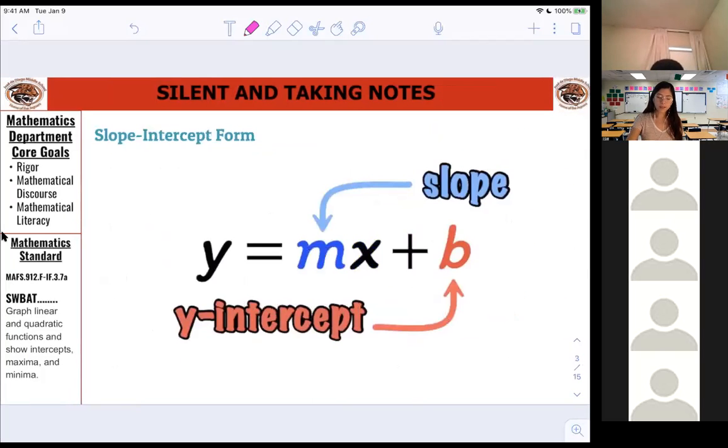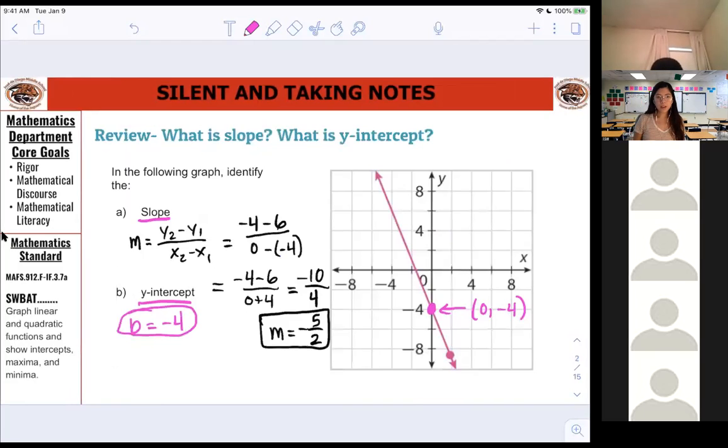Okay, on this slide, let me actually preface this. Whenever you have an equation of a line, so this linear function, let's go back to what we know about functions. We know that functions can be equations, graphs, tables.